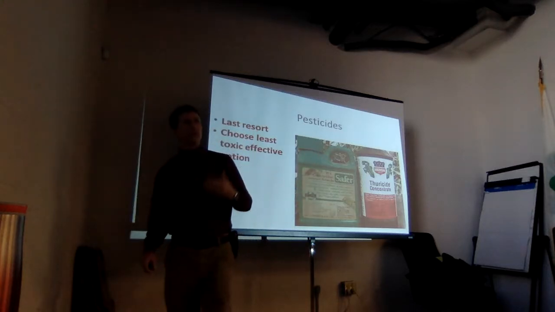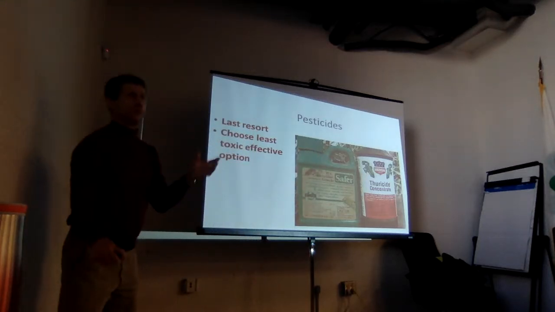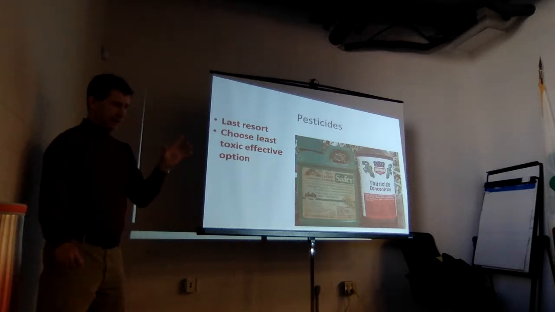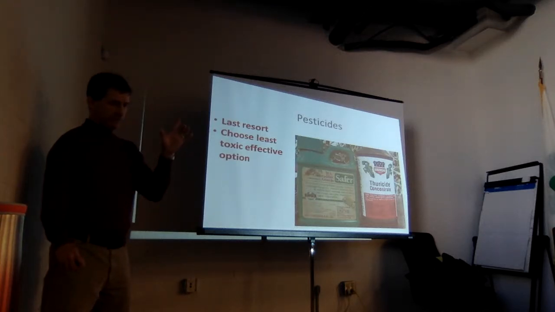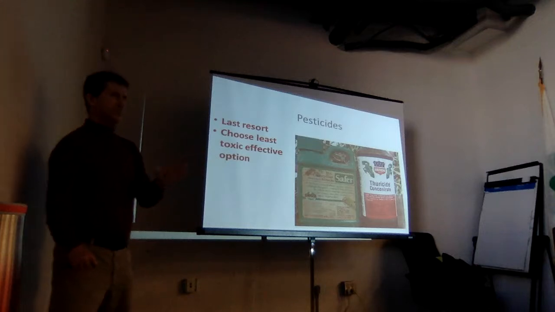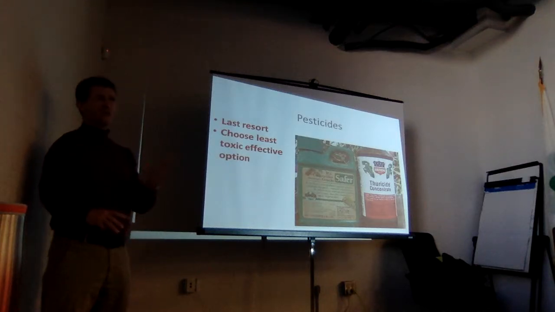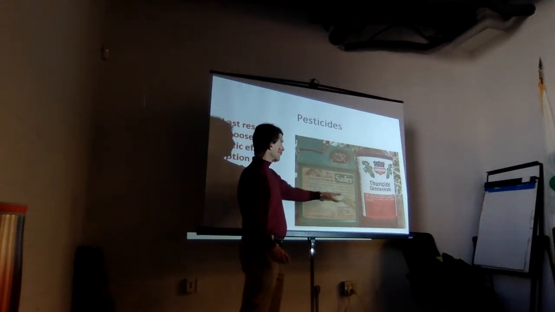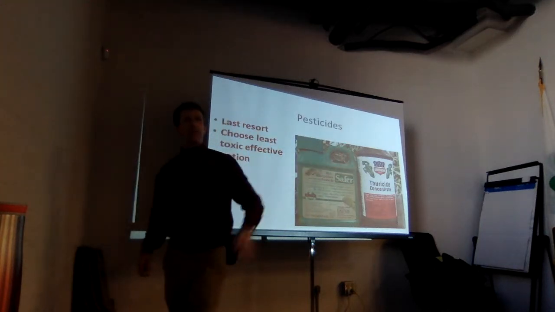Dipel, Worm Whipper, Thuricide. These are all different brand names for BT, and it's manufactured from a bacteria. It's like the protein component of a bacteria, and it kills caterpillars, and is very effective.